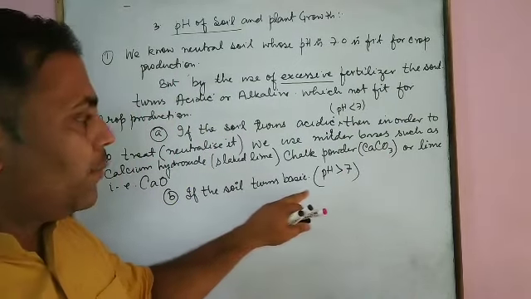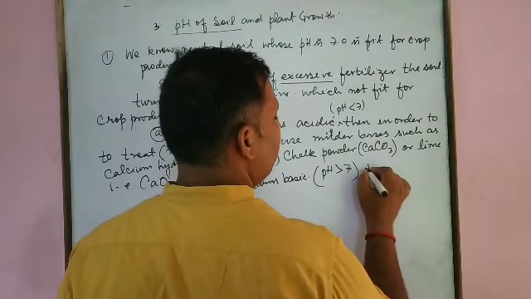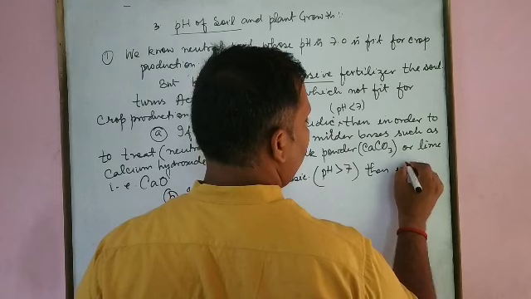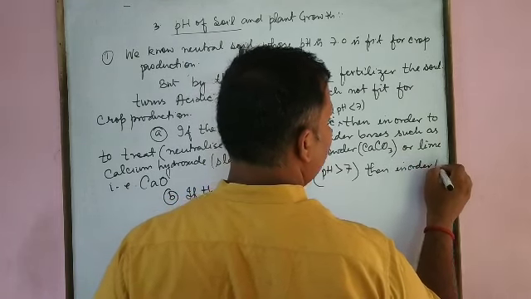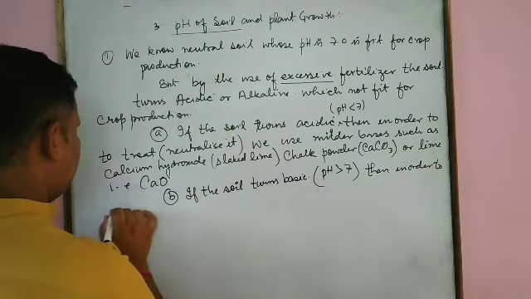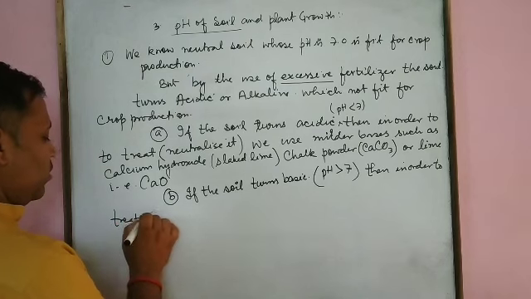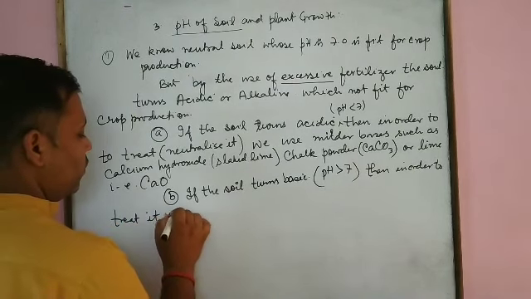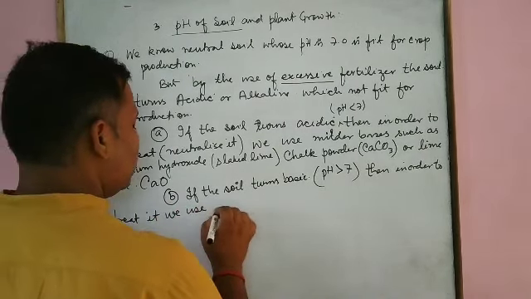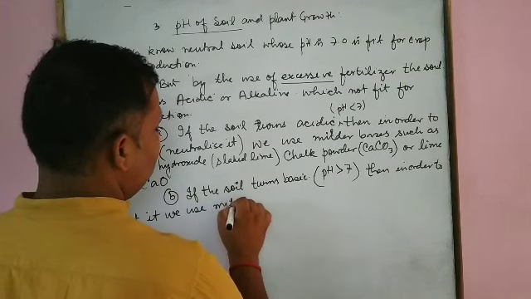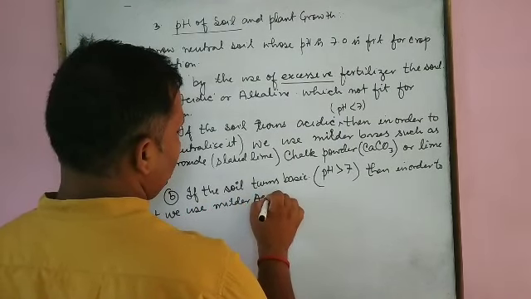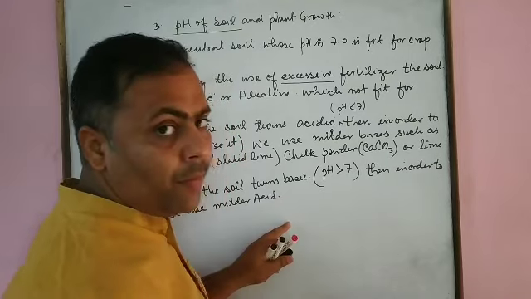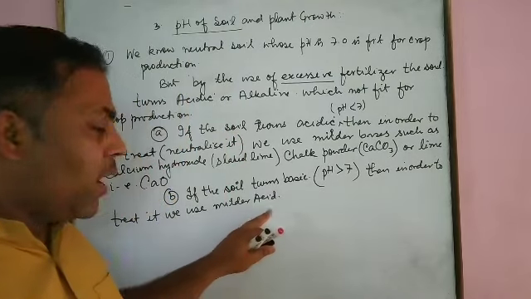If the soil turns basic, then in order to treat it, we use milder acid. And what is the milder acid we have?